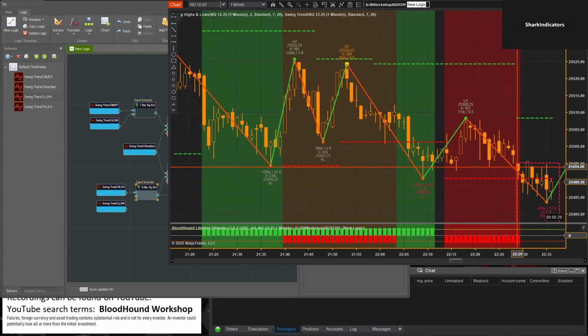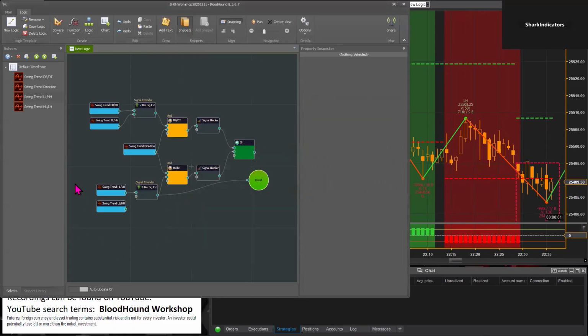So that bar is when the downswing first was detected. But that is also a double bottom, double top. And we don't have double bottoms, double tops excluded, right? Excluding this short here.